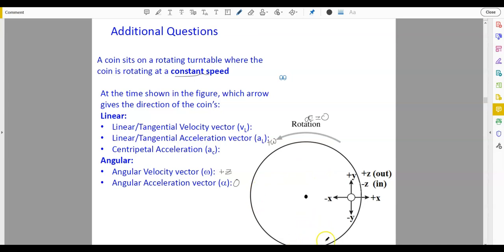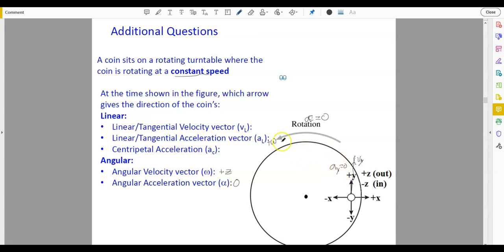Well, if my cursor, which is moving counterclockwise, gets to the right-hand side, that velocity vector is going to be moving up in the positive y direction. But since it's moving at a constant speed, its acceleration is going to be 0.